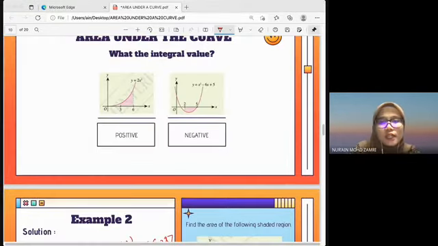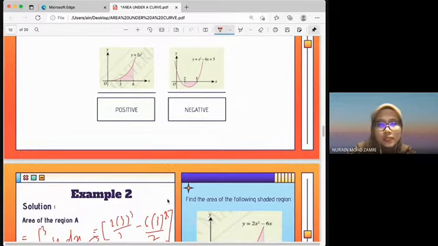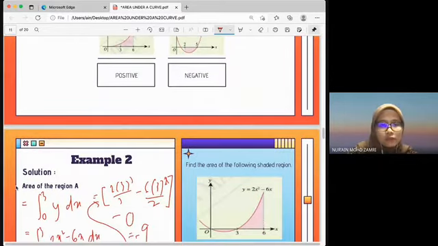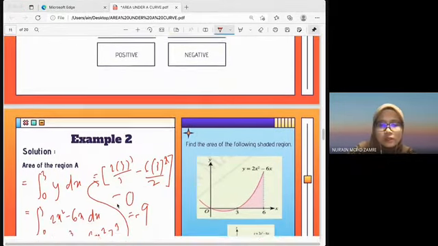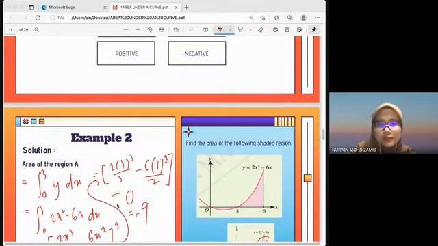So, like I said before, the negative sign is there because the region is below the x-axis. The negative sign of the value of the definite integral only indicates that the area is under the x-axis. So the negative sign can be ignored for its area.